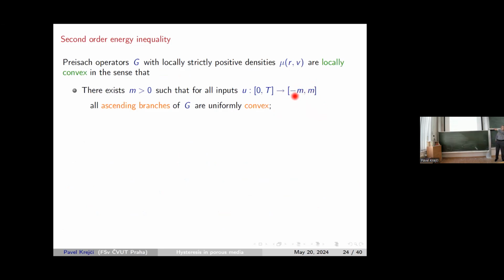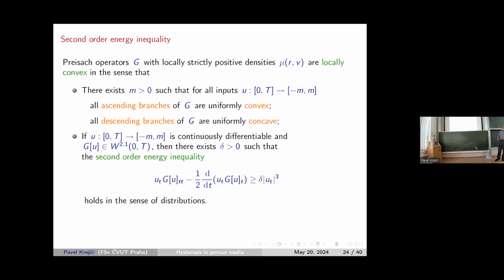So there exists some M. The M can be small in typical cases. But we always can find an interval minus M, M such that if the range of the input does not leave the interval, the ascending branches of G are uniformly convex, and the descending branches are uniformly convex.